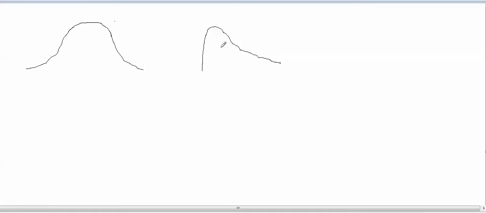What the central limit theorem says is that, well, first of all, if the population follows a normal curve like this, and if we take a sample of 30 people, let's say we find 30 people, we take their 30 heights, we add them, and we divide by 30, and we get the mean height.